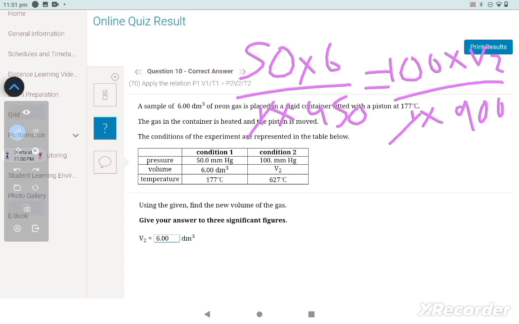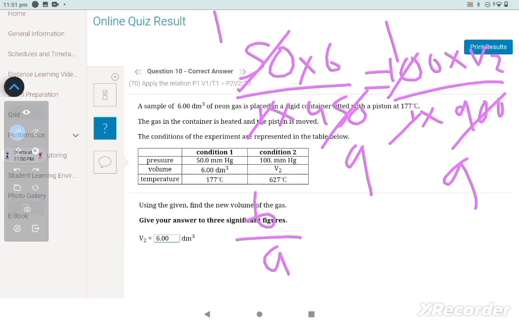Cancel. We can do 1, 9, so 6 over 9 is equal to V2 over 9. So when you cross multiply, it doesn't change. V2 is 6.